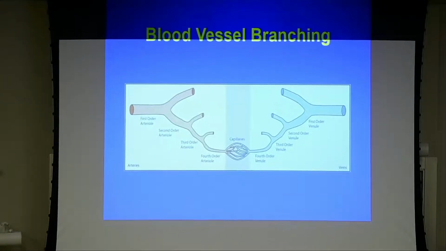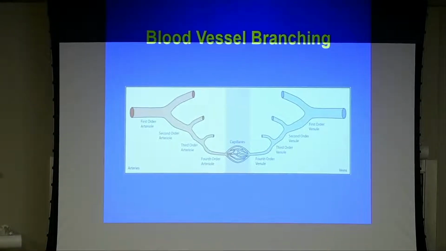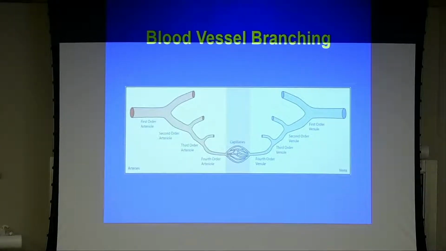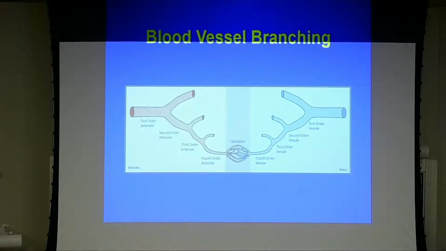And when the blood is against the walls of the tube, there's a certain amount of friction between the blood and the wall. That friction is going to absorb much of the energy that was imparted to the blood when the ventricular contraction took place. And that's shown in the next slide.